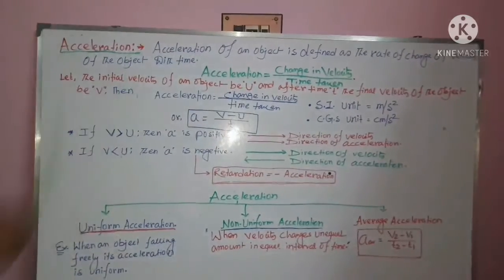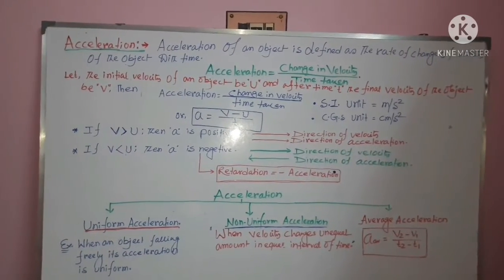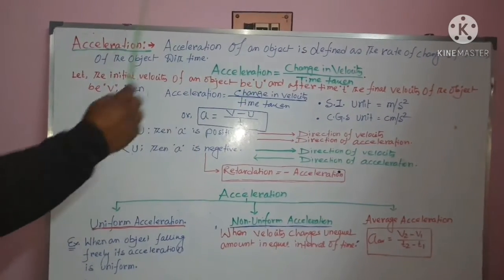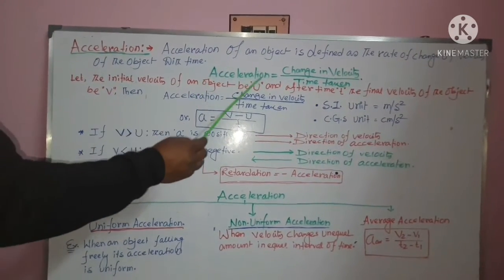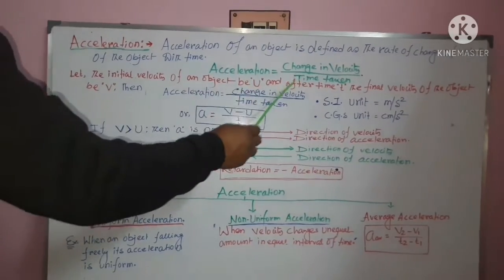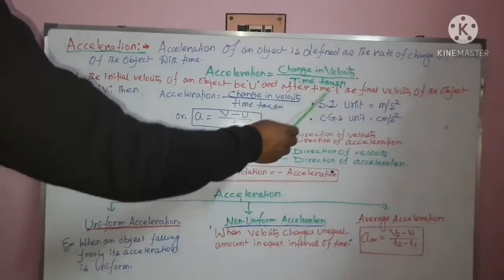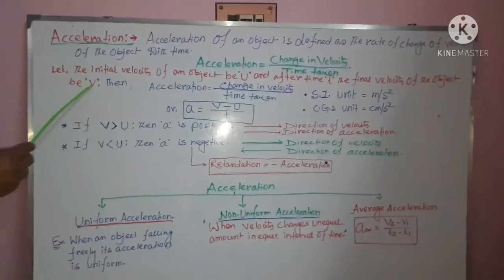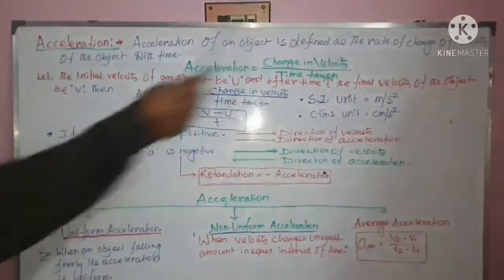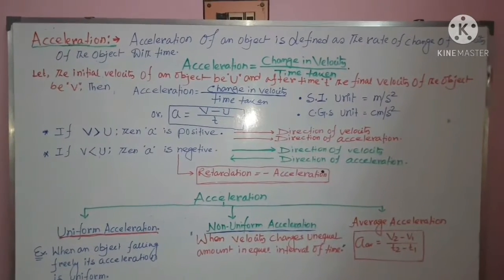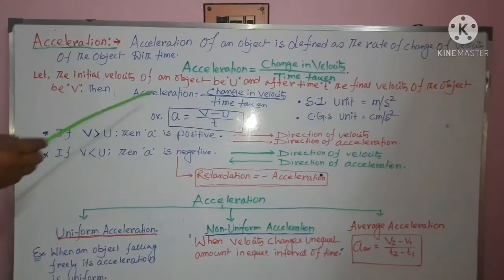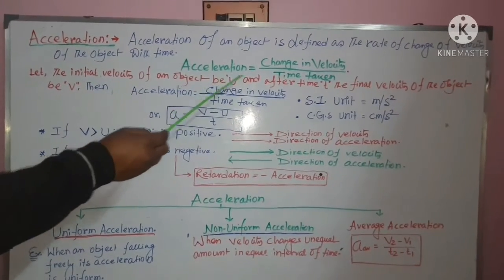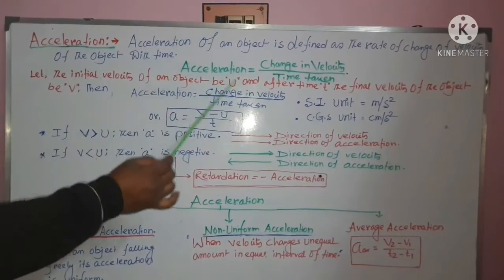Now see the situation. We consider the initial velocity of an object is u, and after the time t, the final velocity of the object is v. According to the definition of acceleration, acceleration is equal to change in velocity by time taken.